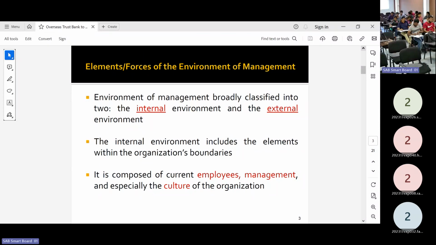Then what are the key internal environmental elements? There are three. Ownership is separated from management here. First the management, that is managers; then employees; then the culture of the organization. Management, employees, and culture of the organization.